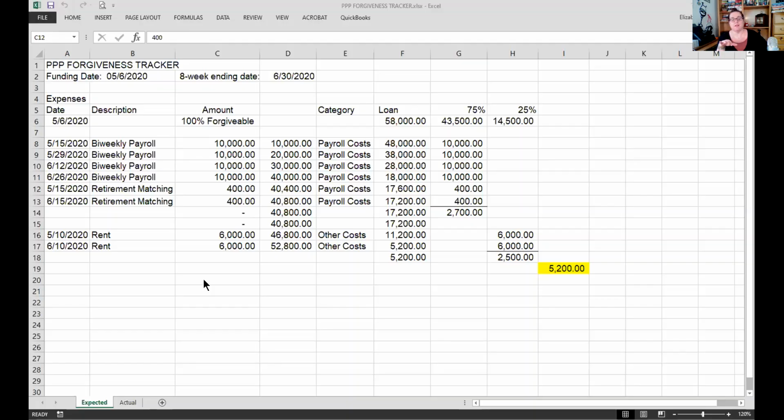So it has nothing to do with how much you draw out of the company, how much you take as a distribution, nothing. It has only to do with 2019 and taking 8 weeks out of 52, assuming you earned it evenly all year long, taking 8 52nds of that amount, and that's how much they will include in the forgiveness.